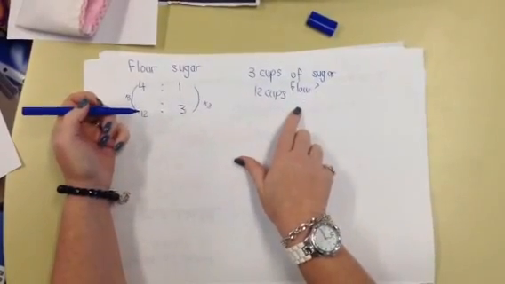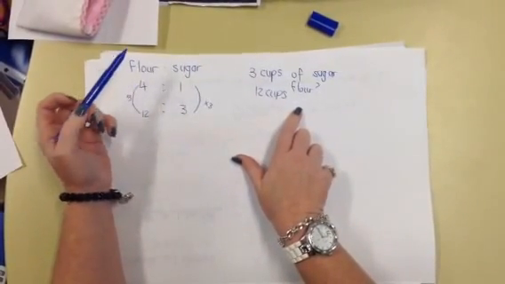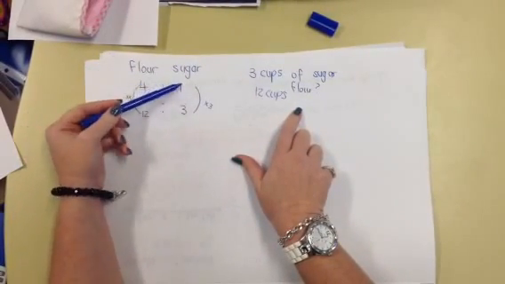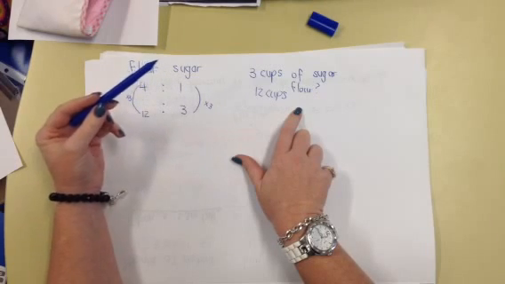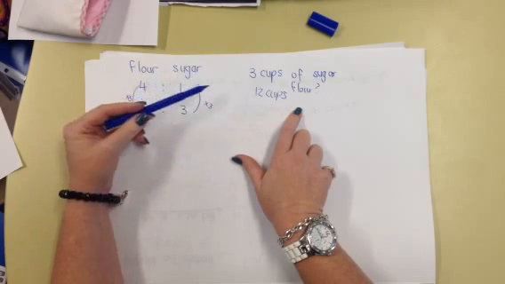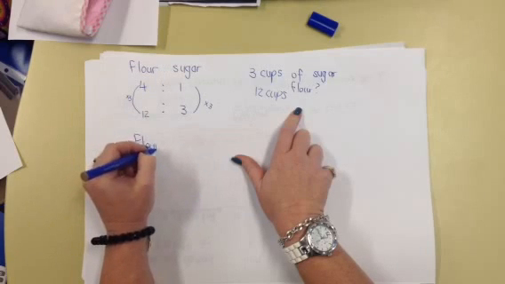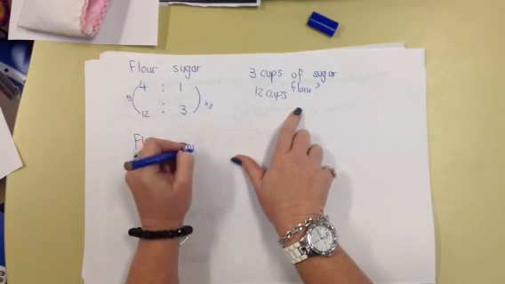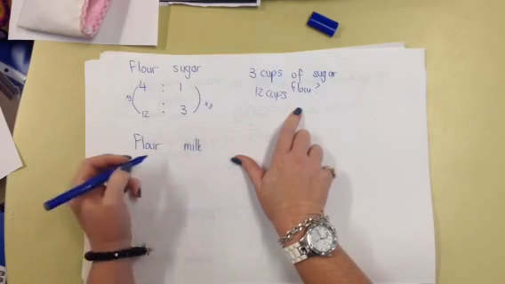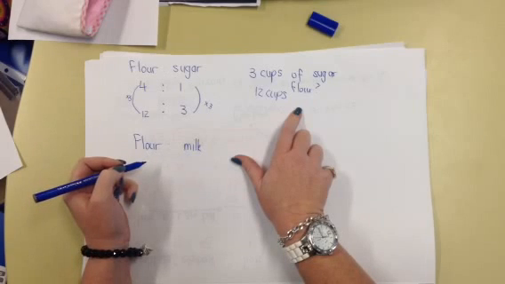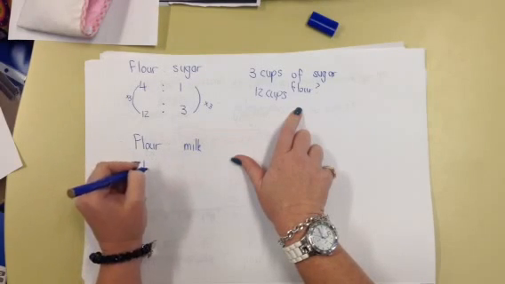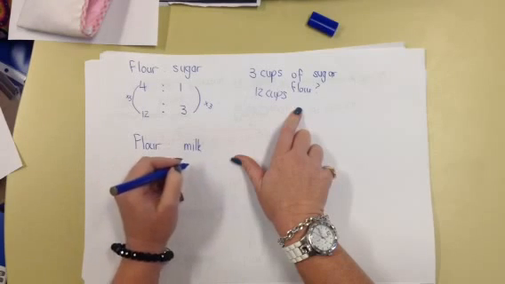So the question carries on, and it says, in a recipe for pancakes, there's 4 times as much flour as sugar, and 1.6 times as much flour as milk. So we're going to go again. Flour is to milk. And they said 1.6 times as much flour, so we go 1.6 is to milk.